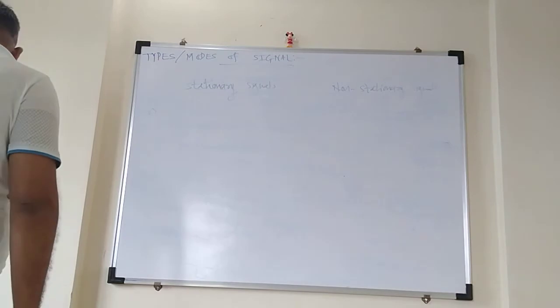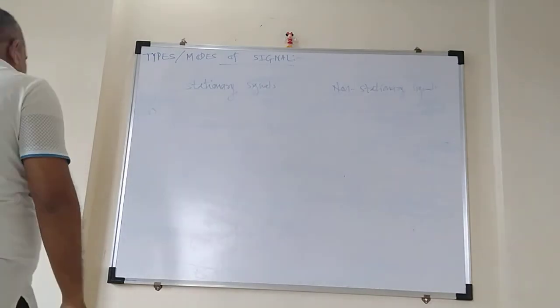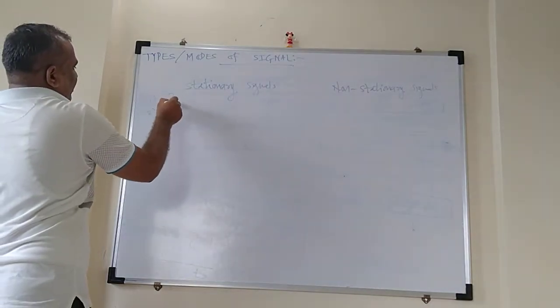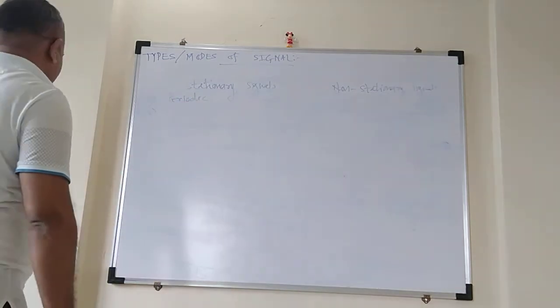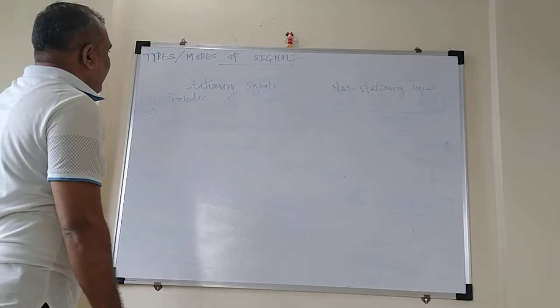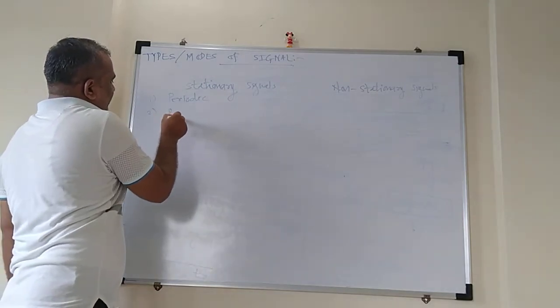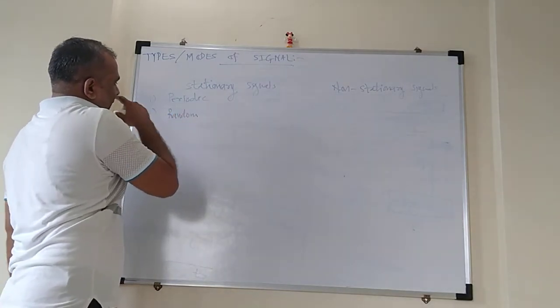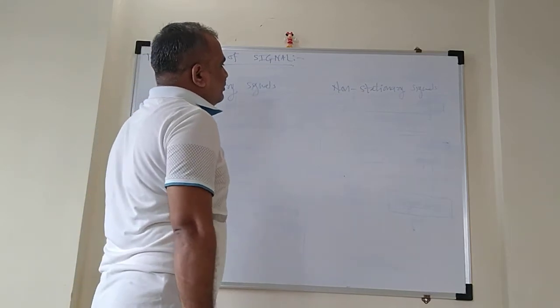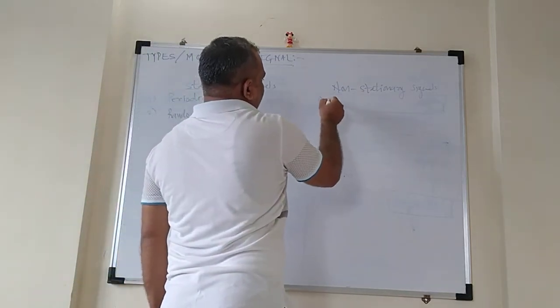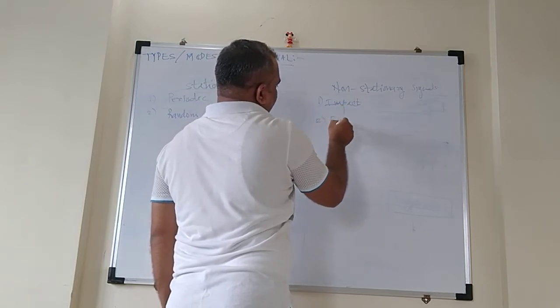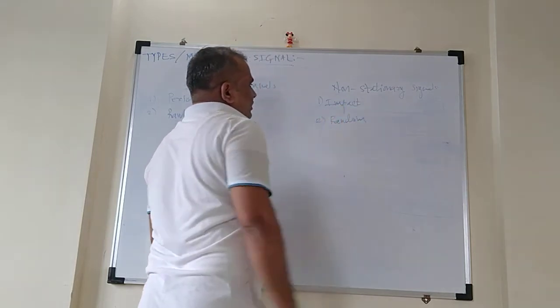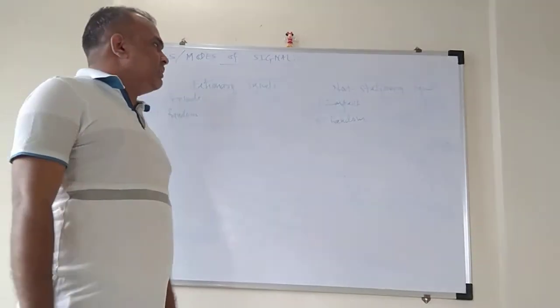The first type of stationary signal is a periodic stationary signal, and the second is a random stationary signal, whereas the non-stationary signals are an impact signal and a random signal. So these are the two types of stationary and non-stationary signals.